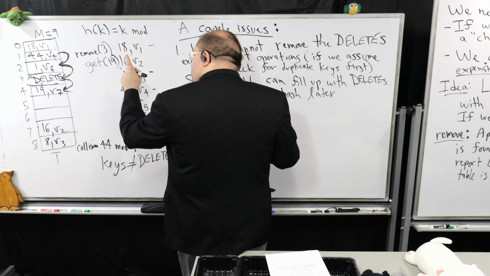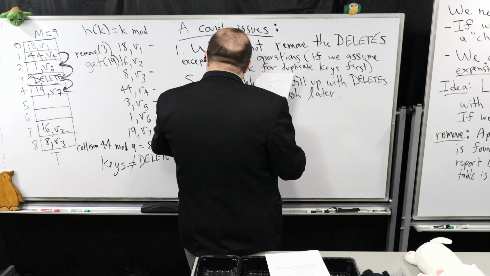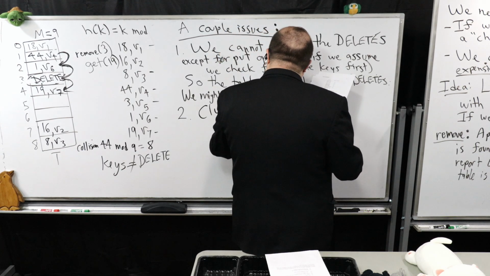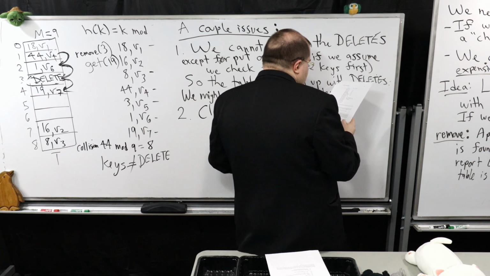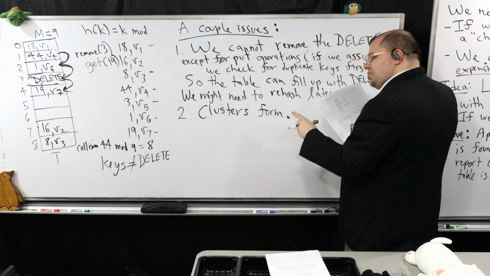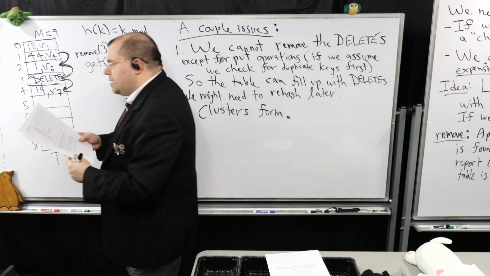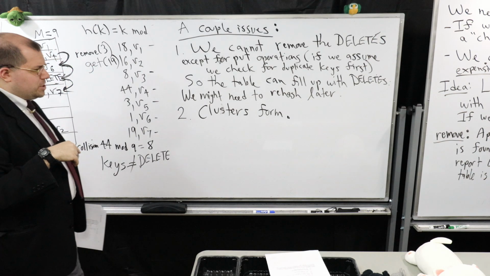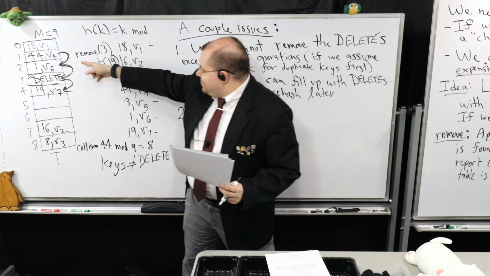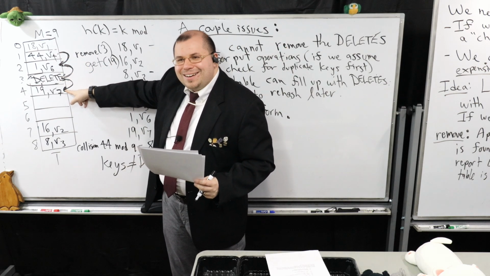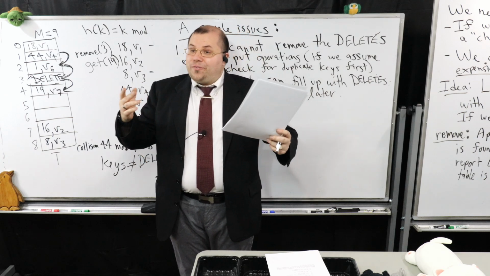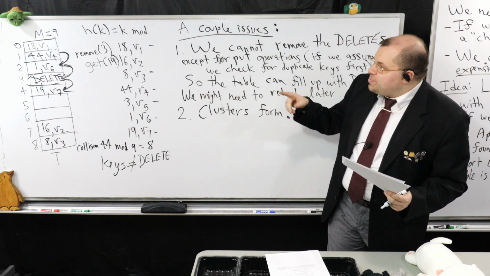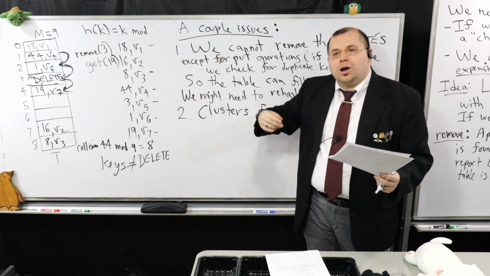The other issue is actually one that we've exhibited here, but I'm going to talk about it now, is that clusters form. So one thing I want to talk about is what a cluster is. In hashing, you'll notice that when I tried to get 19 here, I perform a whole bunch of hops, right? I hop from here, I hop, hop, hop. Now, as I perform more and more of these insertions, depending on what keys I place in, it's possible for these hops to grow larger and larger.